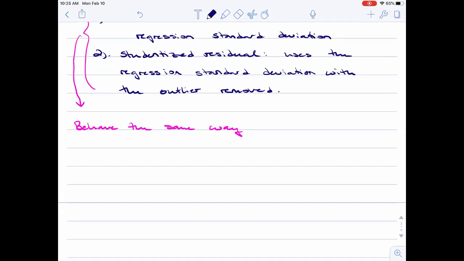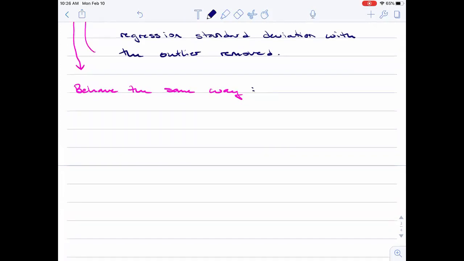If you're more than 2 standard deviations away, then we can consider you to be extreme, right? Not within the central 95%. And so the residuals behave the same way. Whether we're talking about the standardized or the studentized, any residual that's larger than 2 will be considered extreme, right?